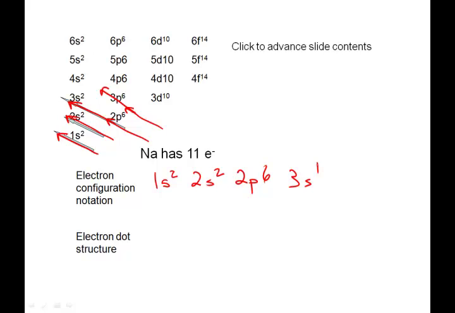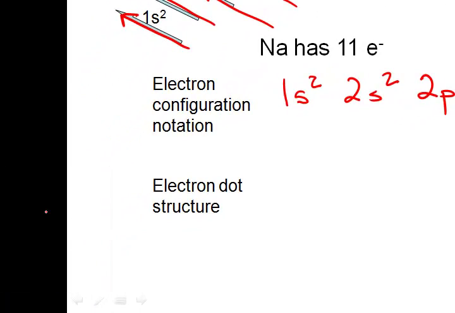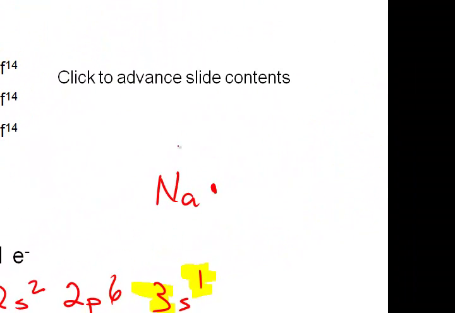Now remember, the electron dot structure only shows the electrons in the highest energy level, here the energy level 3. So our electron dot structure is only going to have 1 electron. So we're going to have the symbol and this single electron that is in the sodium. Now if you remember, sodium with 1 electron is just below lithium, which had 1 electron, which is just below hydrogen, which had 1 valence electron.